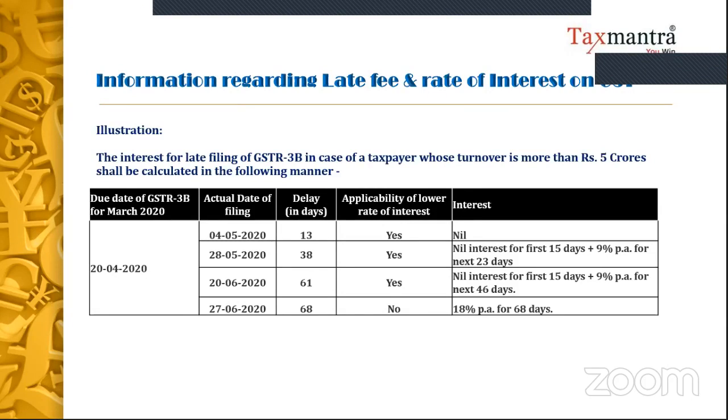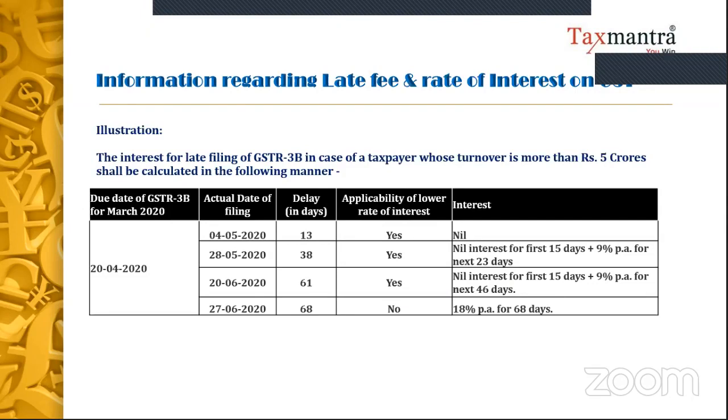Now, let's assume case number one: the taxpayer files the GST return for GST 3B on 4th of May. You can see the total delay days are 13, and there will be no interest.